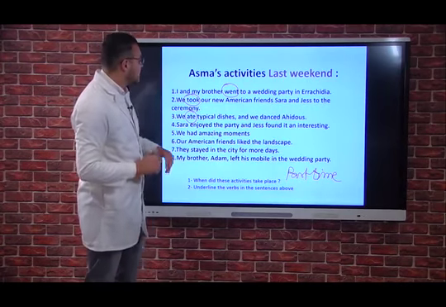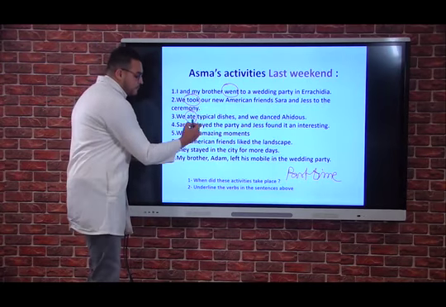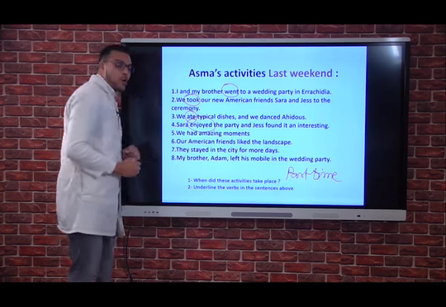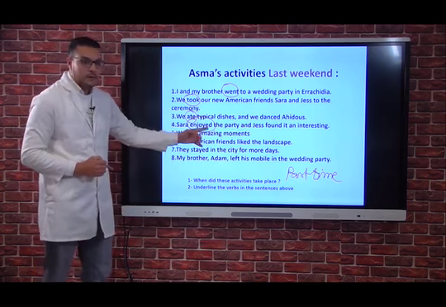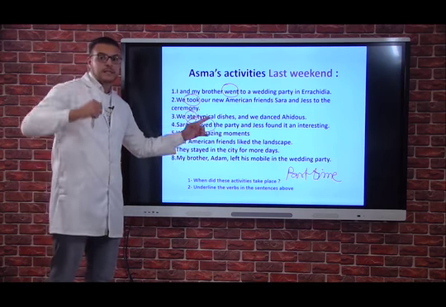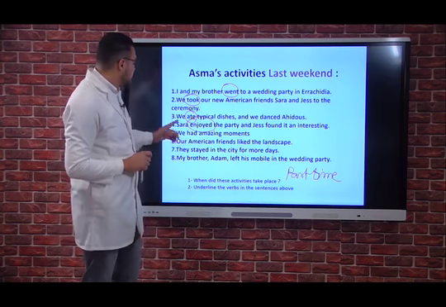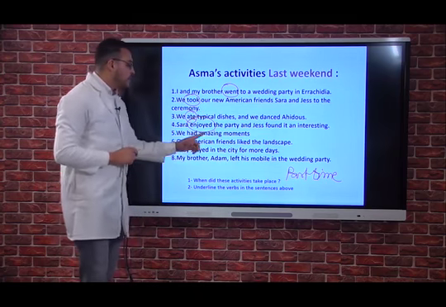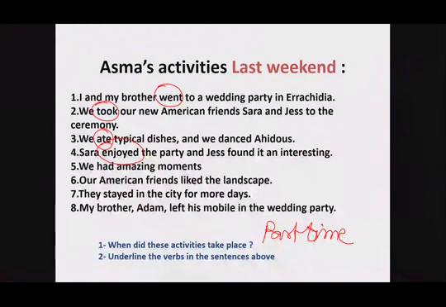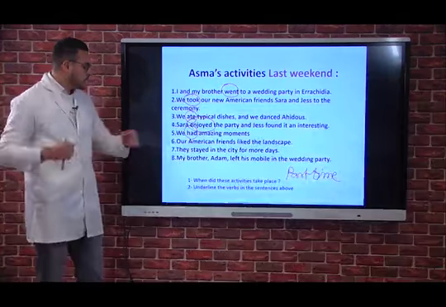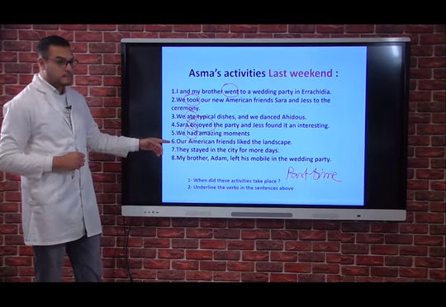So the verb is the verb to enjoy with an ed, which we have seen in the last lesson, is the form of regular verbs. 5. We had amazing moments. The verb in here is the verb to have in the simple past, and we say had.